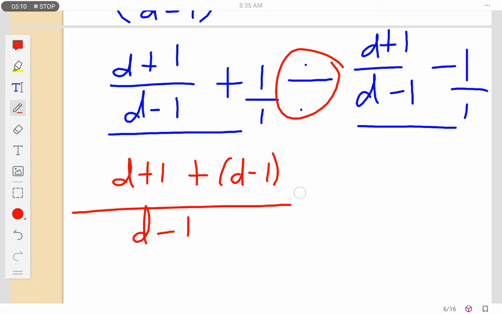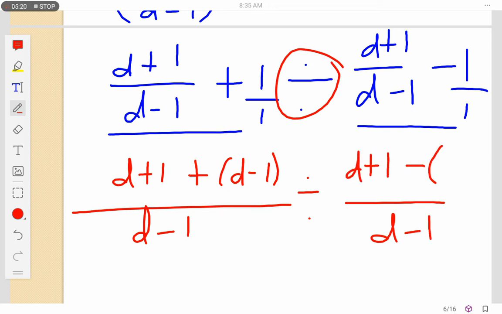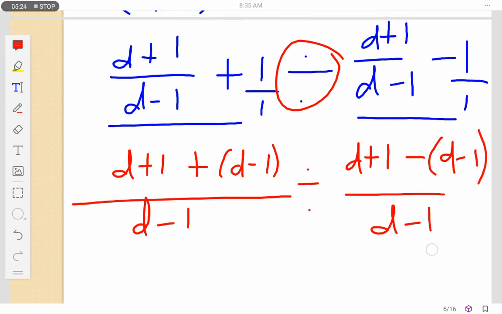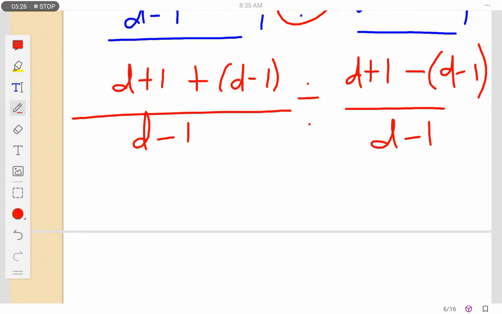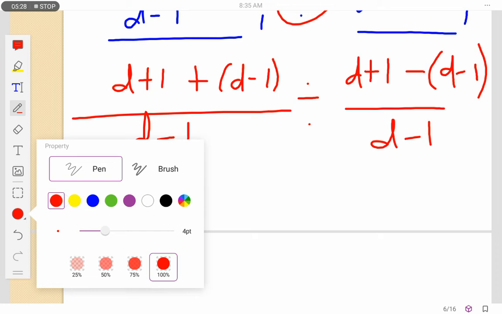Then it's divided by the second one. I do the same. The denominator there is D minus 1, then D plus 1, then minus D minus 1. Let's remove the brackets and solve each and every one.